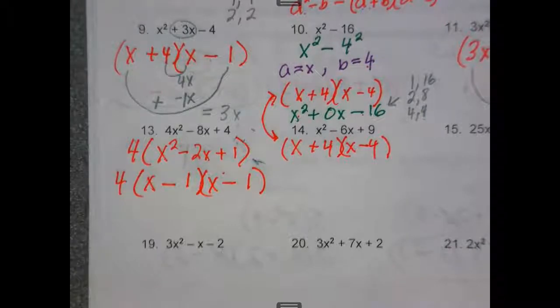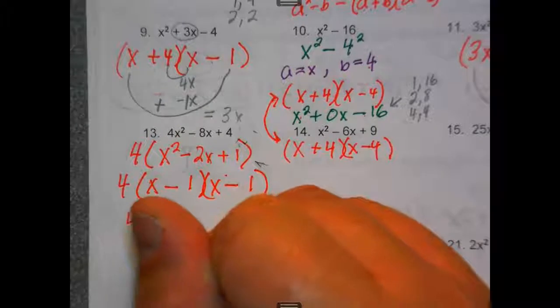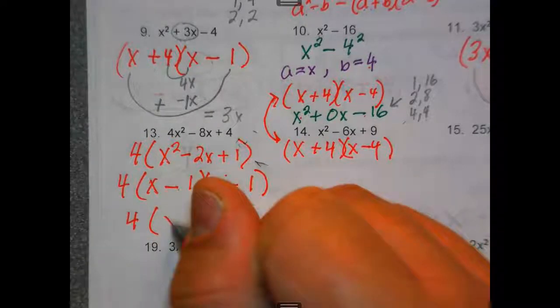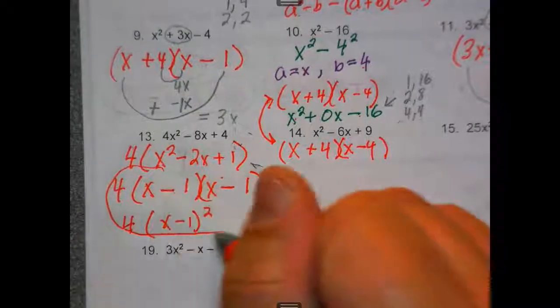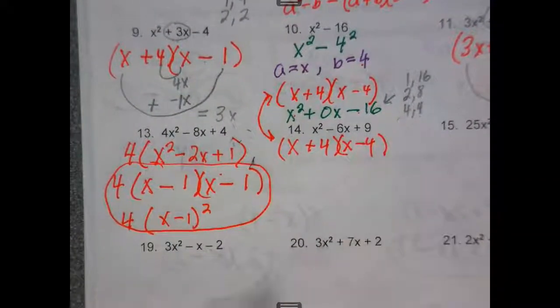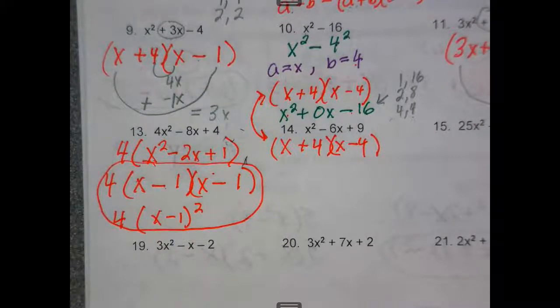Now this is perfectly acceptable. You could also write it like this, because we're squaring this. Either one of these answers is acceptable. This is going to be preferred when we get into vertex form.